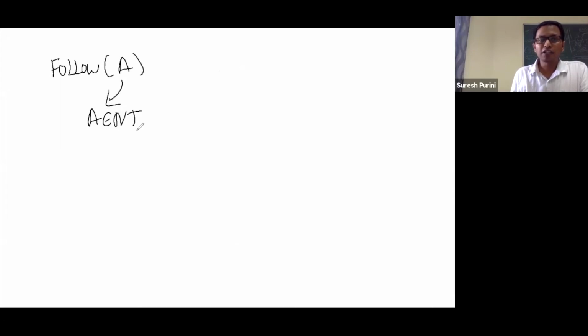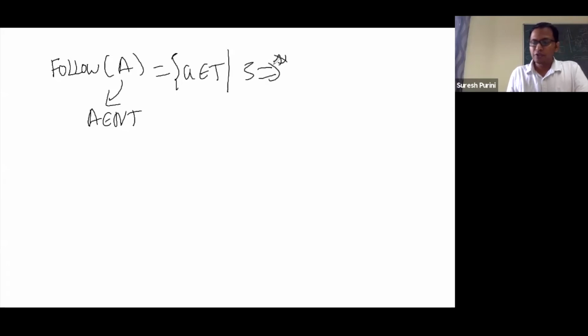The follow of A consists of all terminal symbols a such that from S we should be able to generate an intermediate form like alpha A a beta. The terminal symbol a follows the non-terminal symbol A in some derivation process starting from the start symbol S.